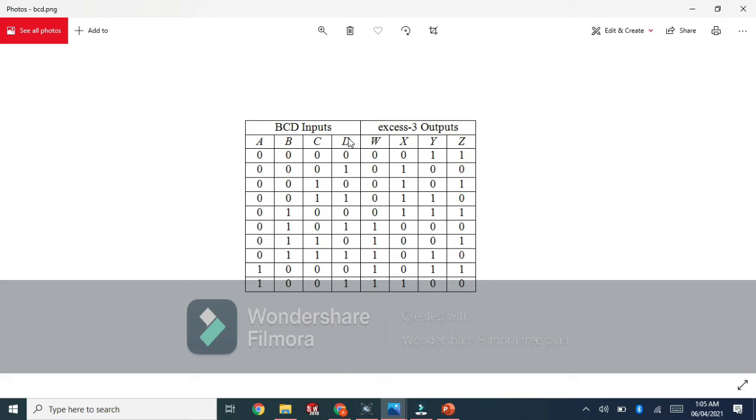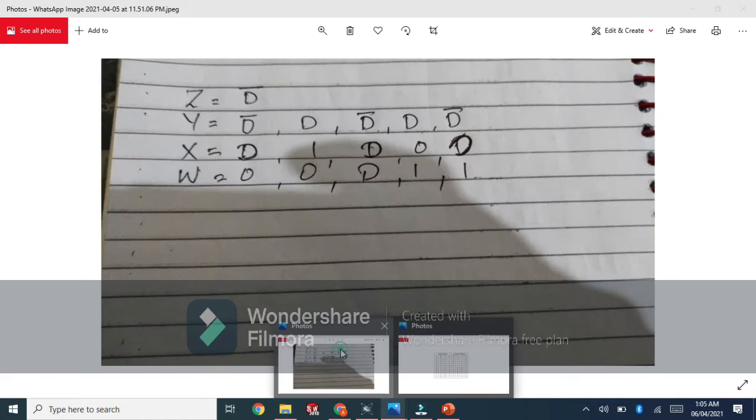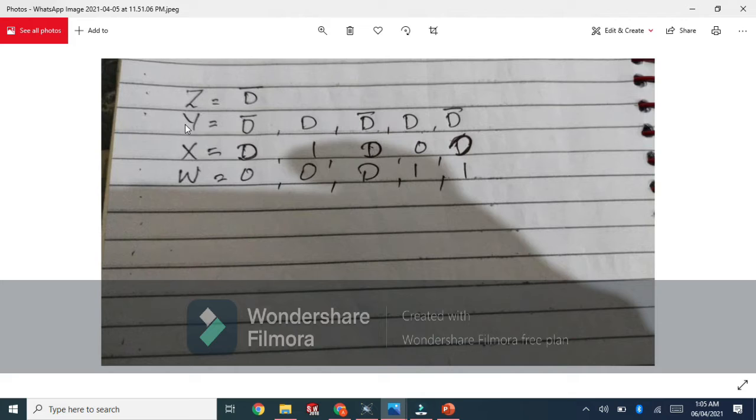Output Z is the complement of input D. So to obtain the output Z, I only use the complement form of input D. Similarly, I relate the output Y with input D, and after all this simplification, I made these equations for our outputs. Here output Z is D bar and the output Y is D, D bar, D, D bar, and similarly for X and W.